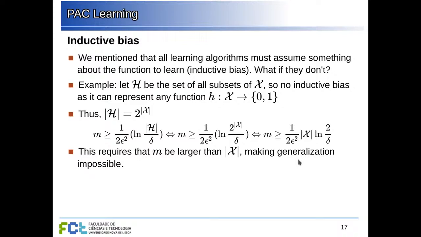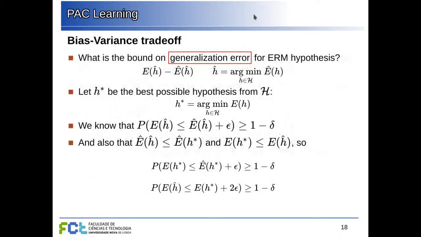It can represent anything, and so we cannot conclude anything about what comes outside our training set just because we chose that hypothesis for the training set. So it's important that the hypothesis class is not too powerful, otherwise we cannot generalize from the training set.